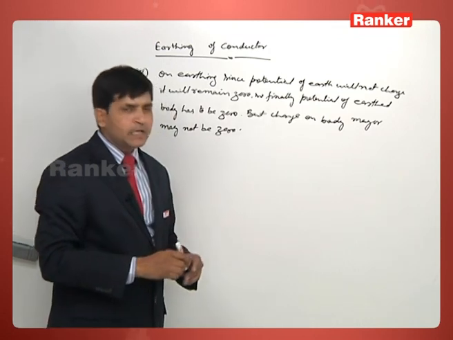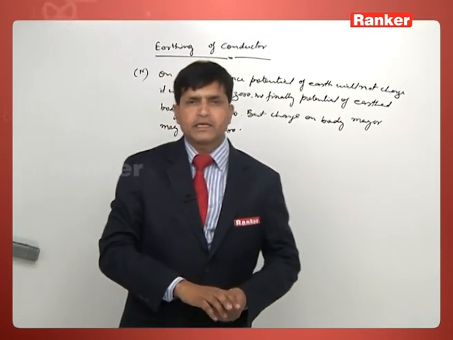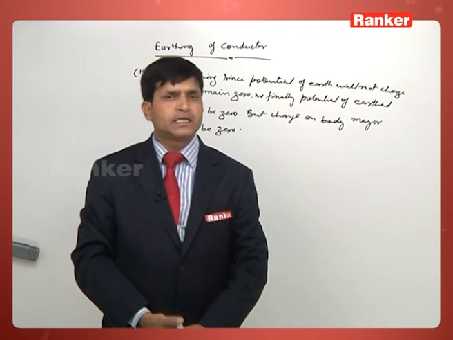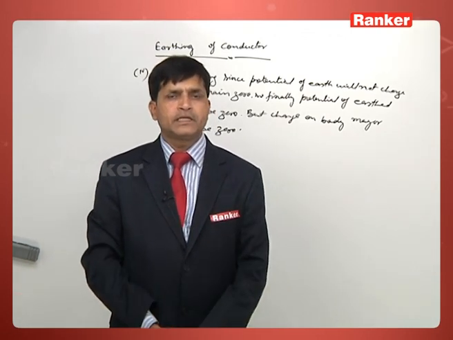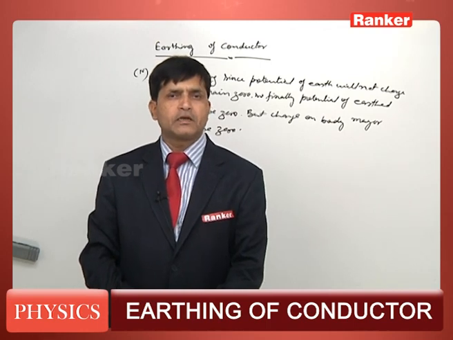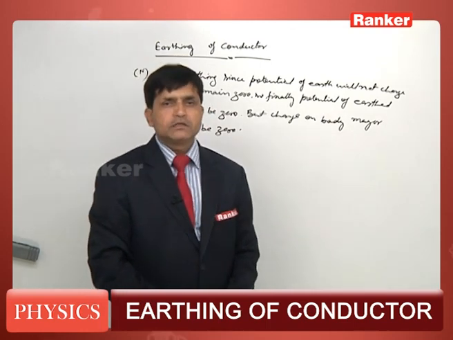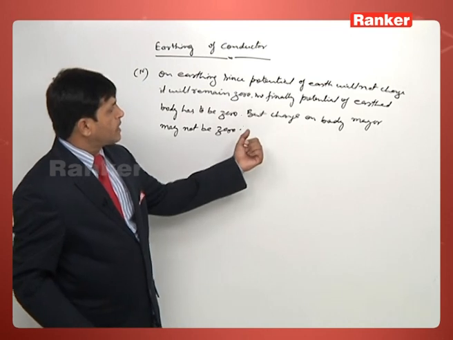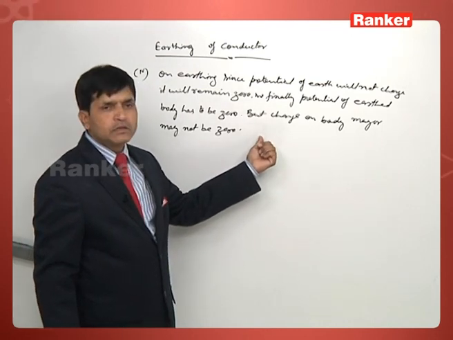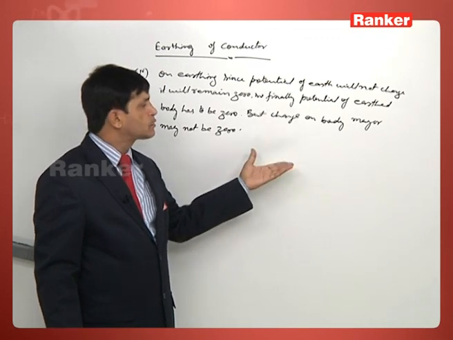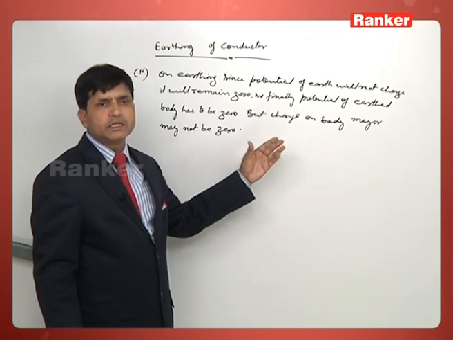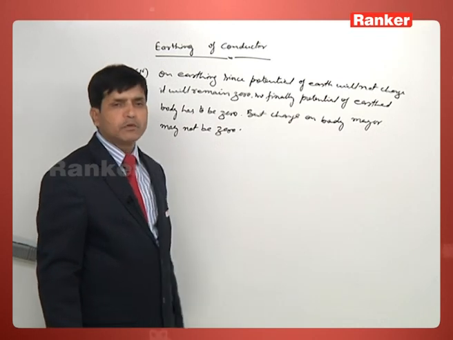So finally we can say earthing of a conductor means we are connecting a conductor with the earth. Since earth is very large in size, its potential will not change, it will remain 0. So the body which has been earthed must have potential 0, and in this process some charge may flow from earth to body or from body to earth to make the potential of that body 0.